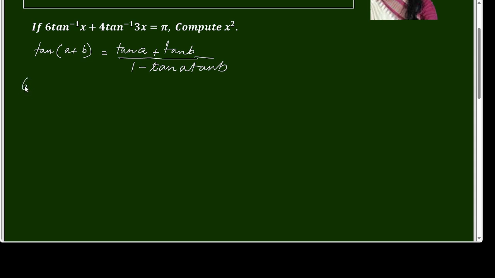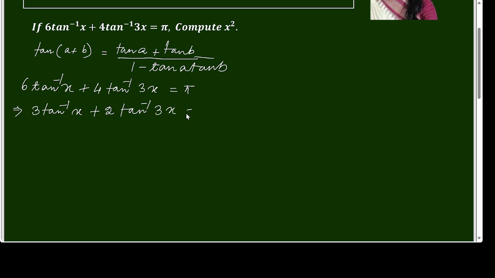It is given that 6 tan inverse x plus 4 tan inverse 3x equals pi. Now dividing throughout, I can get 3 tan inverse x plus 2 tan inverse 3x equals pi by 2.